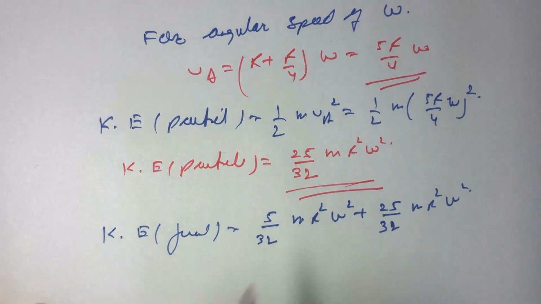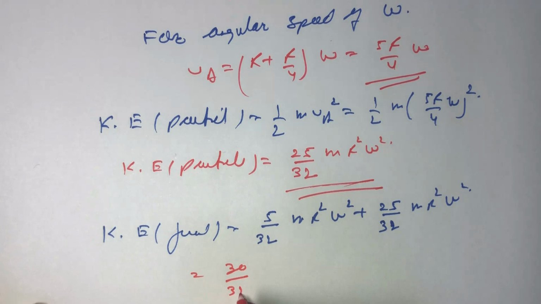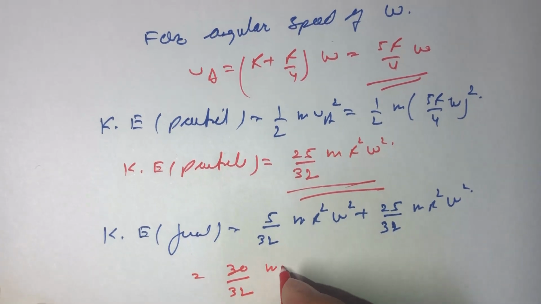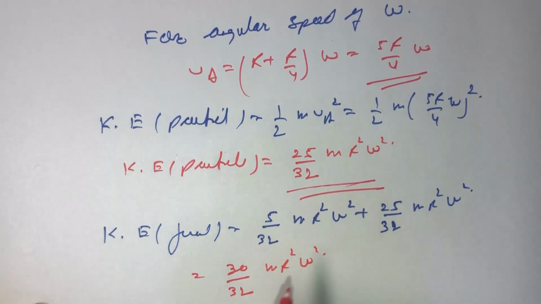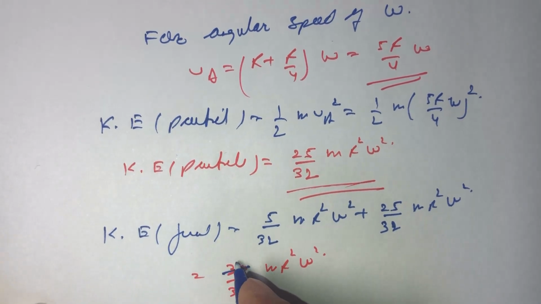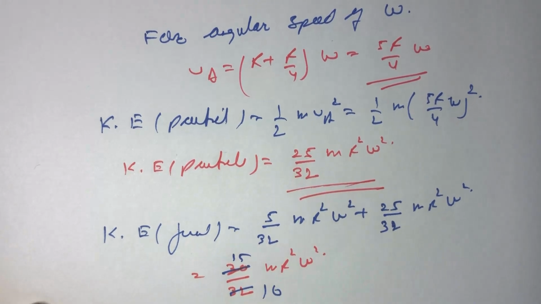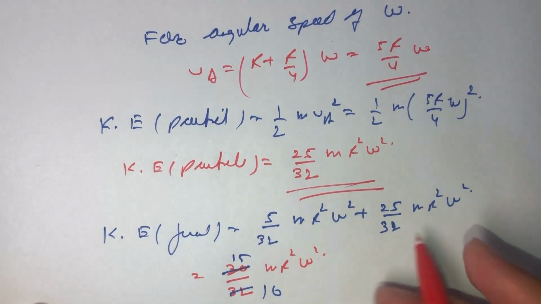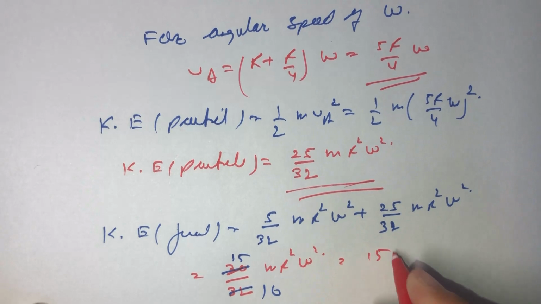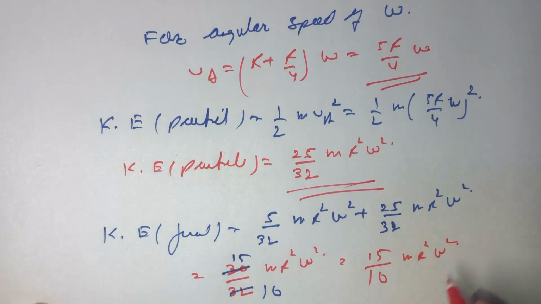So this can be written as 30 upon 32 mr square omega square, and we can cancel it. This will come as 15 and this will go as 16. So this will be equal to 15 upon 16 mr square omega square.